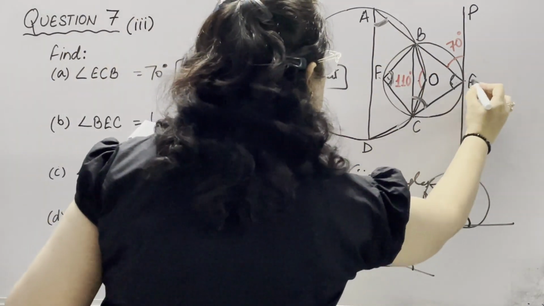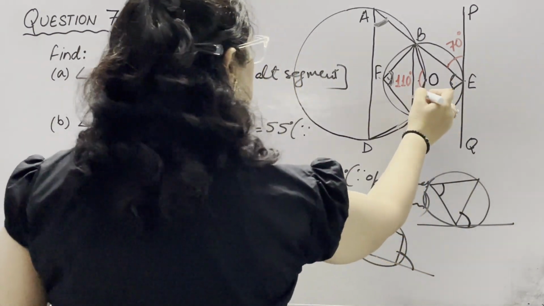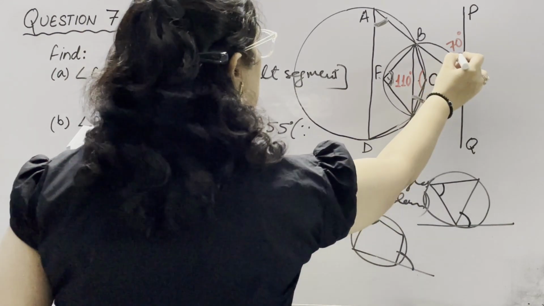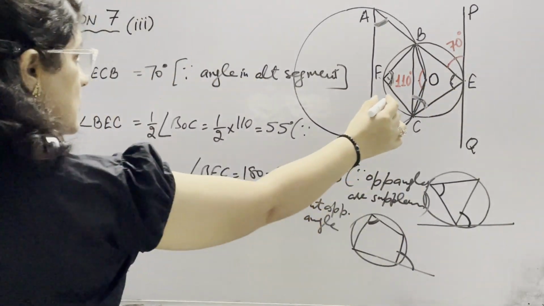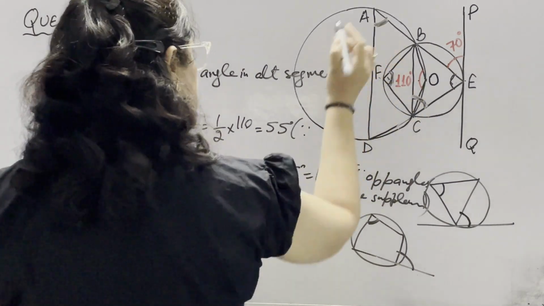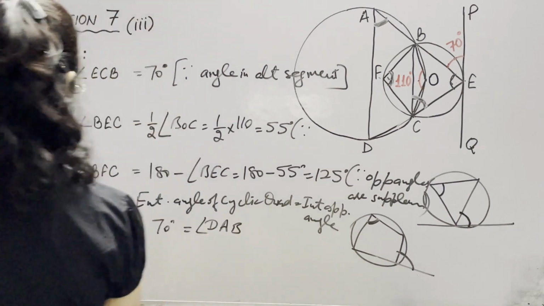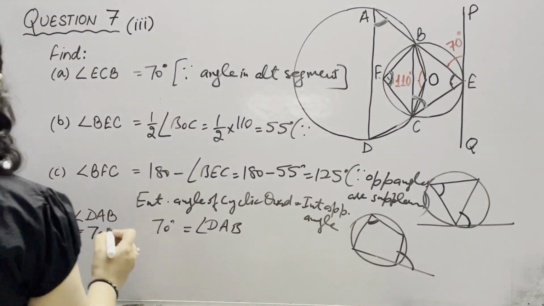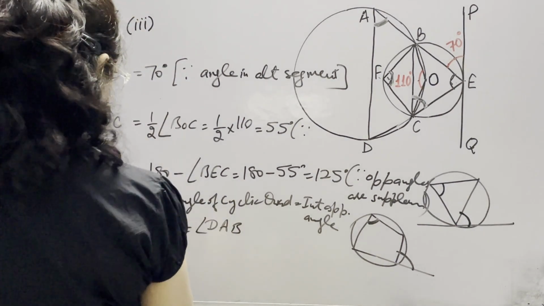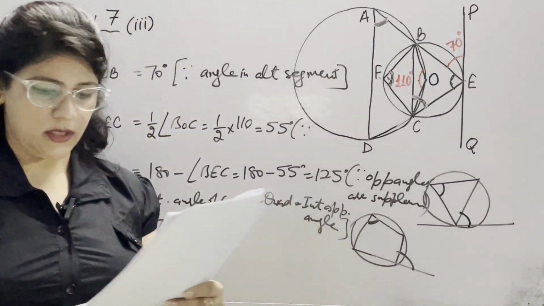If we extend this side DC of the cyclic quadrilateral, this is our exterior angle, and we have recently calculated this angle, which is 70 degrees. So the exterior angle, 70 degrees, is equal to the interior opposite angle, this DAB. So angle DAB is equal to 70 degrees. We just need to write this in the bracket: exterior angle of cyclic quadrilateral is equal to interior opposite angle.